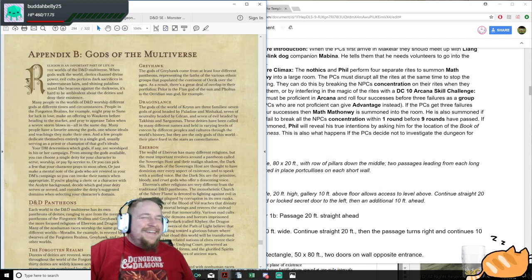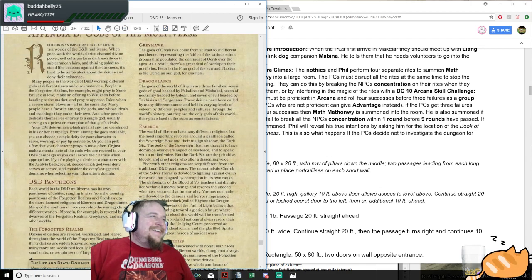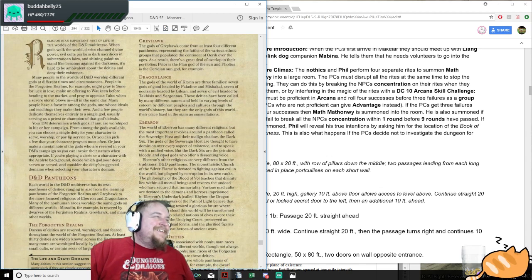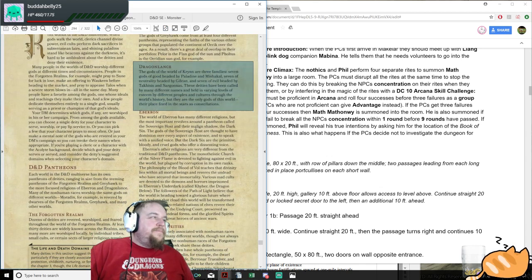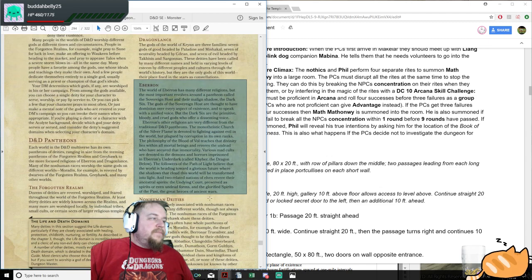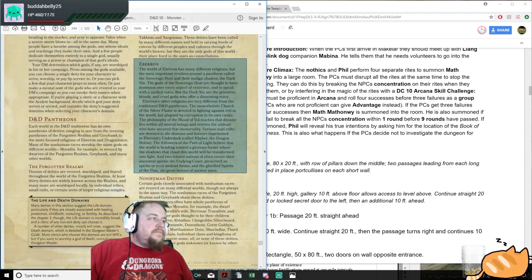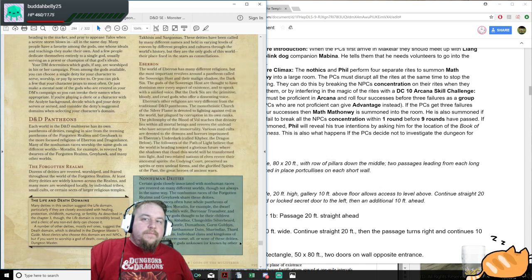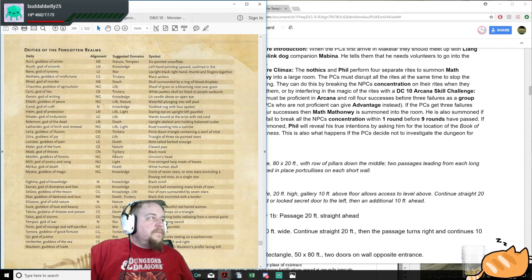But they also have the Greyhawk deities, Dragonlance deities, the Eberron deities, and non-human deities for races that are not human. So these are all good if you're playing in these established campaign settings.